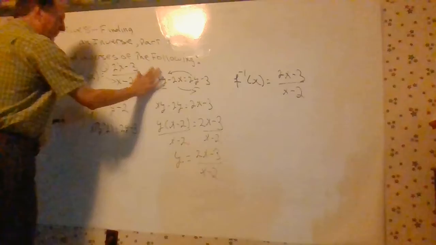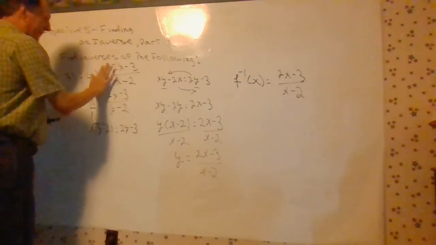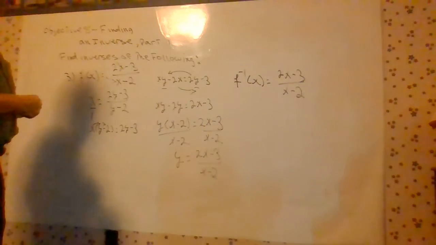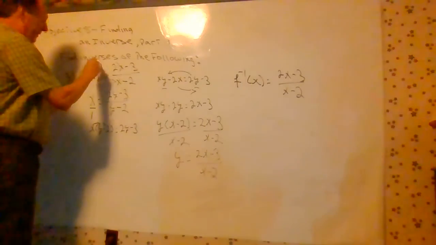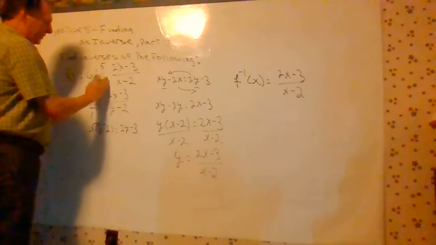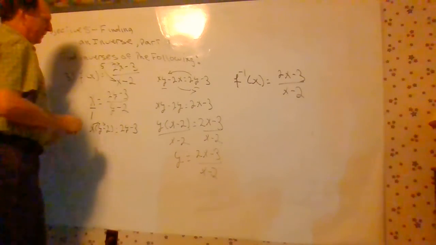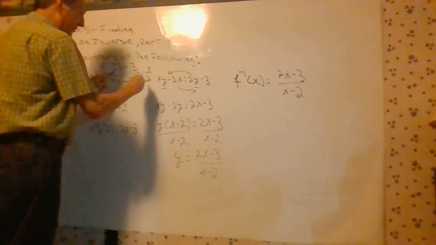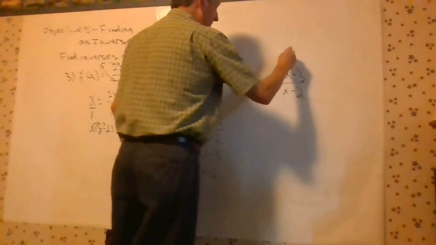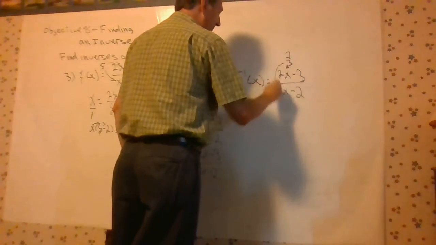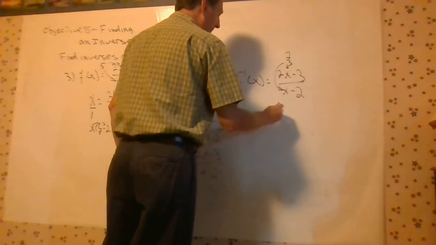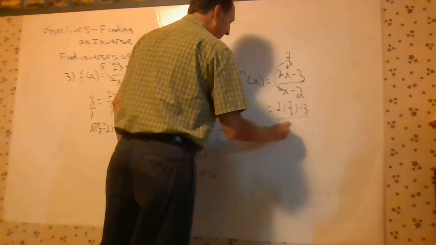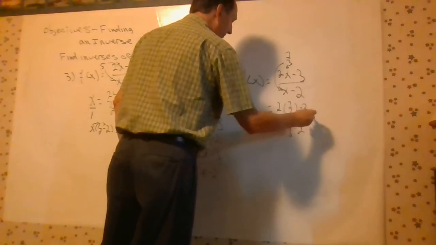So you could try something a little different from that, like, for instance, you could put 5 in. Let's make it a little more challenging. And 10 minus 3 is 7 over 3. Now, if you put 7/3 in here, and also in here, you get 2 times 7/3 minus 3 over 7/3 minus 2.